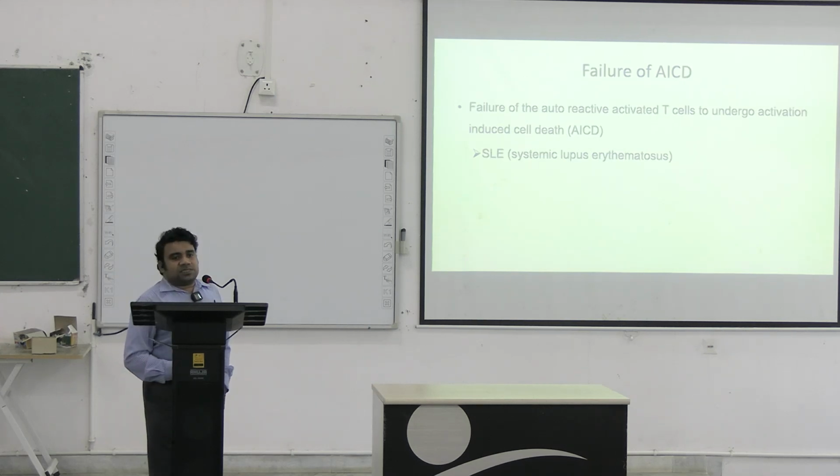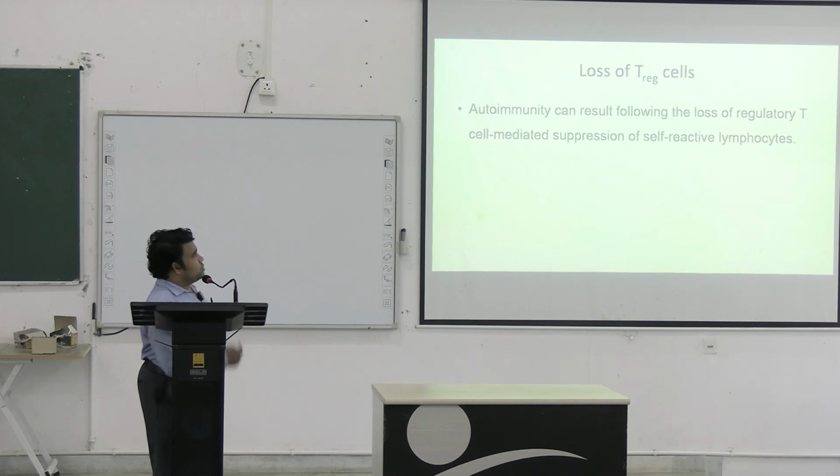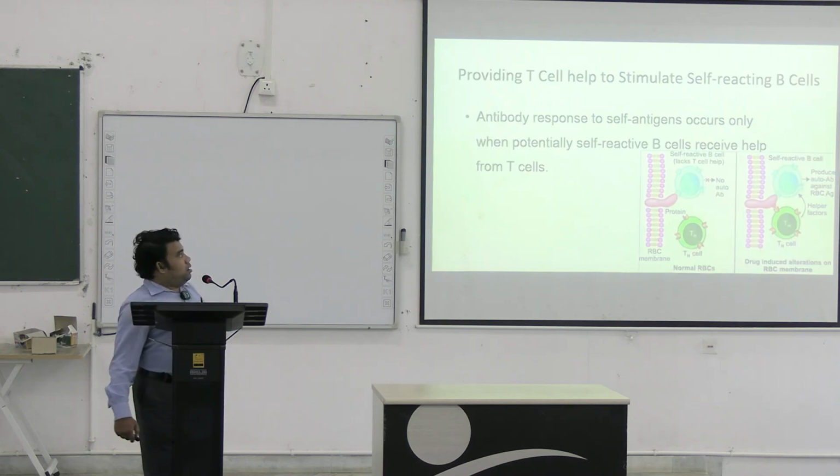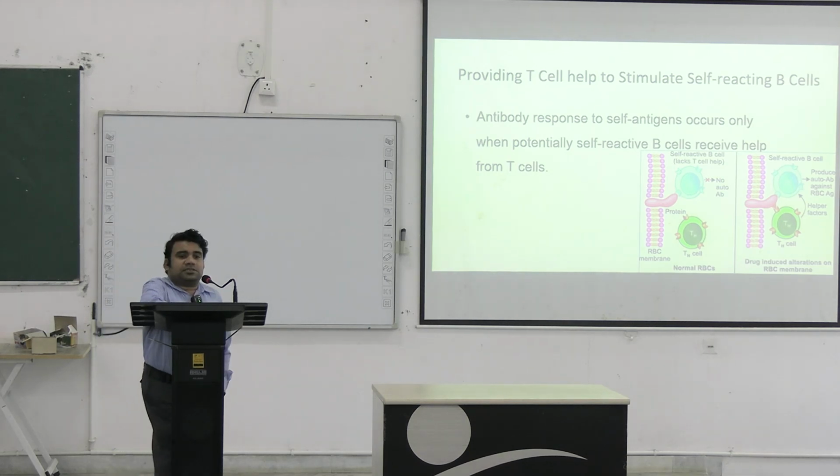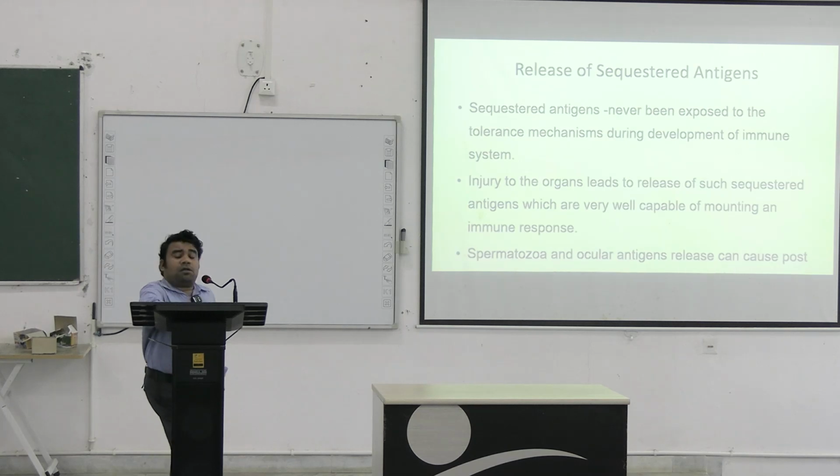If apoptosis fails, that means cells which recognize self antigen are not killed, they will remain in the system and start producing antibodies or cytotoxicity. If the regulatory cells fail to act, then we can have that scenario. Sometimes the T cell may process and trigger the B cells to produce antibodies. Or there may be release of sequestered antigens.